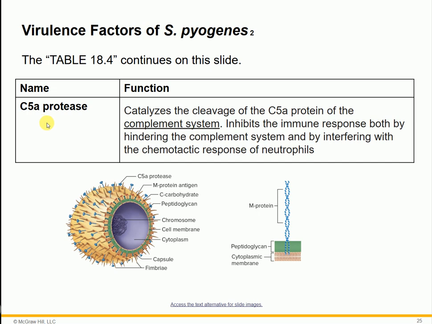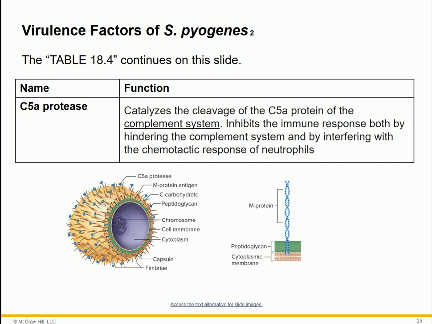Now, the last of the virulence factors is this C5a protease enzyme. This protease enzyme digests protein, and it digests the C5a protein of the complement system. So if you remember the complement system, we said it was a cascade or a collection of proteins, and we would activate them either through the classical or the alternative pathway.